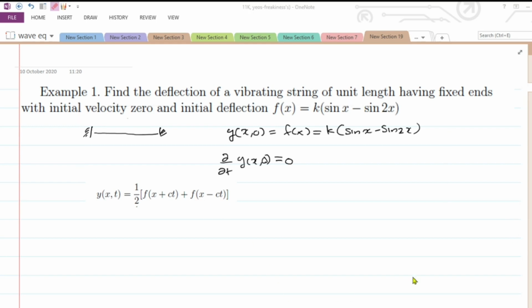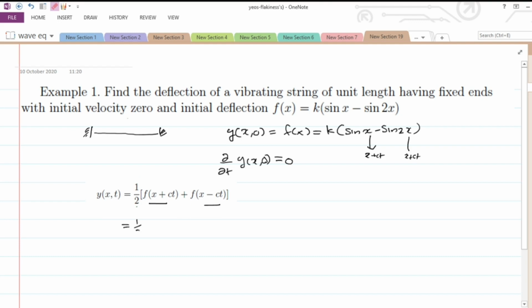We just need to replace x with x plus ct first, and then x with x minus ct.